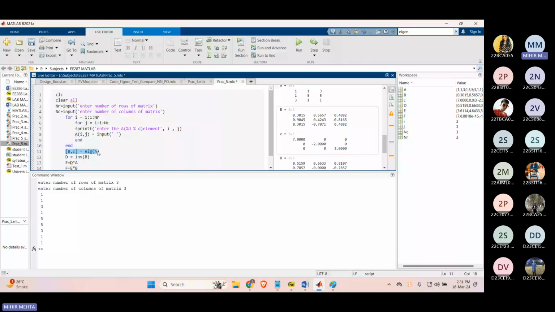So here you will get B as the eigenvectors, whereas C would be nothing but the eigenvalues. You just need to place this command and you will get the eigenvectors and eigenvalues. It's just a simple command, but for that you need to have a matrix A.